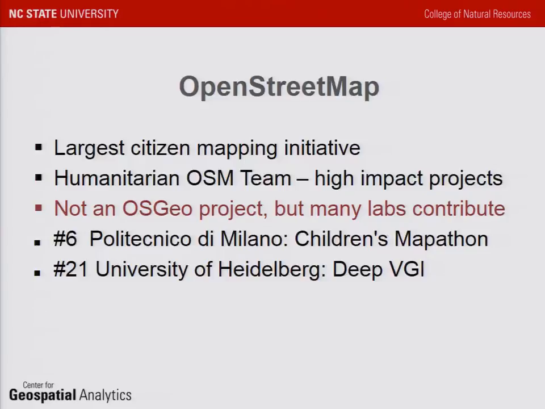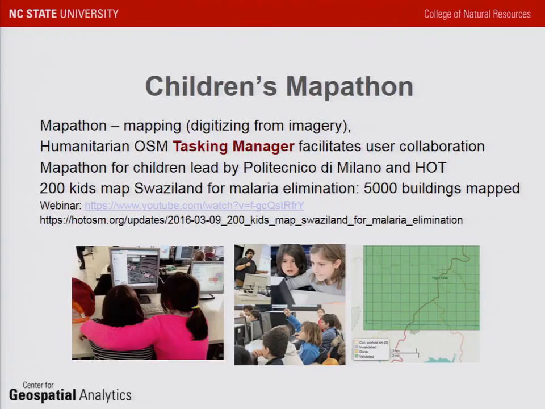It is not an OSGeo project, but many of the organizations and many of the laboratories that are in the Geoforall initiative are using OpenStreetMap as part of their work. So I will show just two examples. One is from Politecnico di Milano, where they organized a children's mapathon, and the University of Heidelberg, they are now starting to work and coordinate DEEP VGI, which is Volunteer Geographic Information.